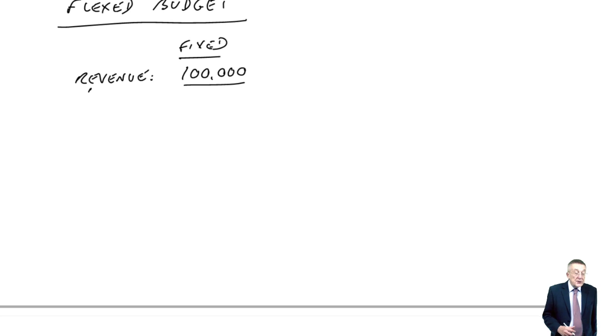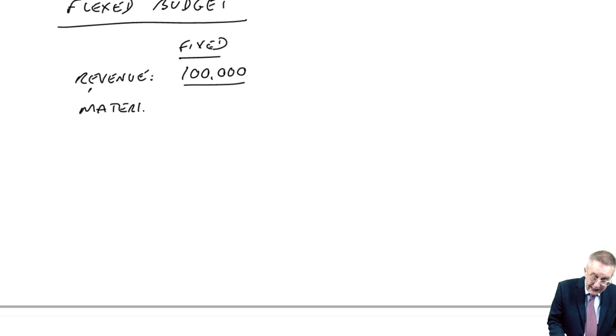What about the budgeted costs? Certainly if you look at the last line of the question, it says we're using marginal costing. So if it's marginal costing, we look firstly at the variable costs, which are materials. We've budgeted on 50,000. Labour, 25,000.